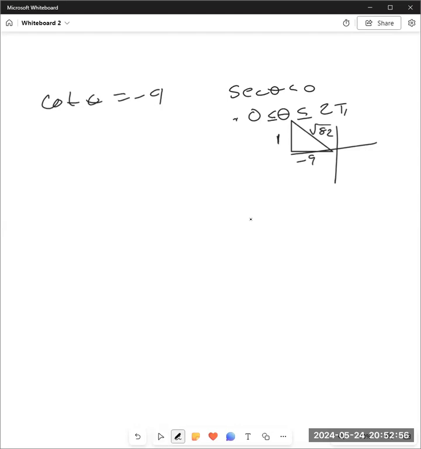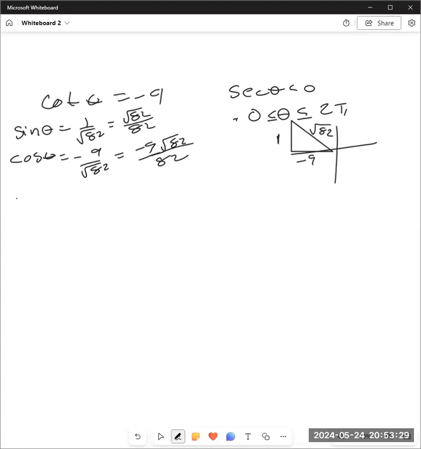So we have sine is 1 over root 82, so root 82 over 82. Cosine is negative 9 over root 82, which is negative 9 root 82 over 82.